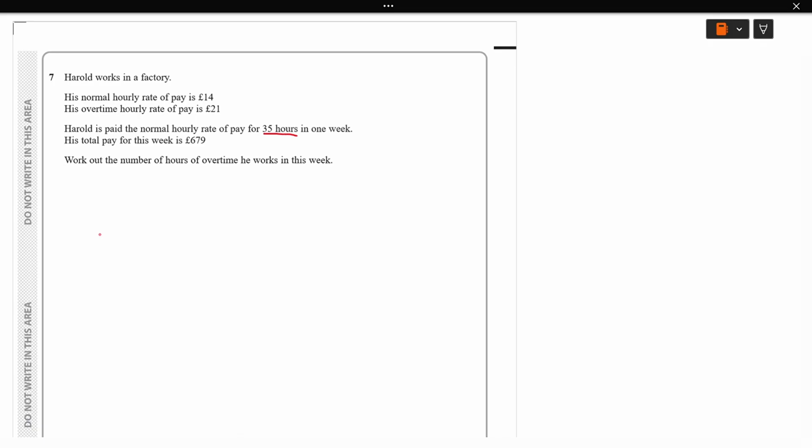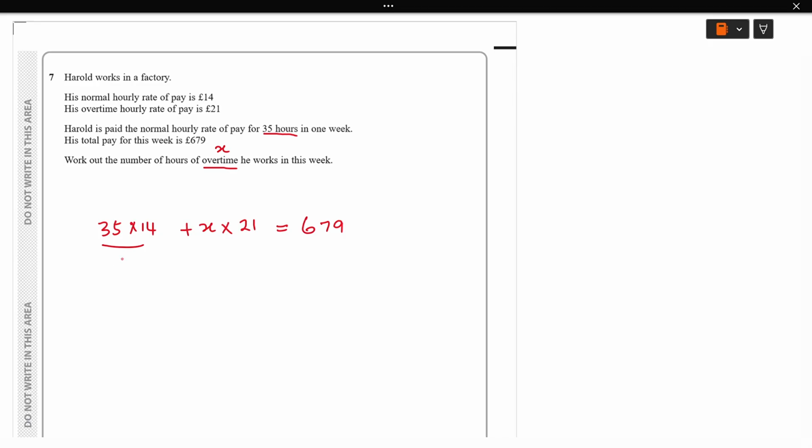Then his total pay this week is 679. So work out the number of overtime hours. Overtime we'll take as x. So I'll write this as normal time plus overtime. For overtime, he's getting 21 per hour, equal to 679. We need to find x, that's the overtime.